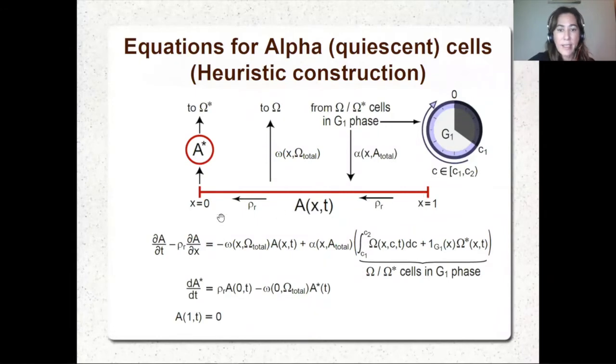If we consider this differentiation scale, we can think about this rho r, this previous incremental reduction in x, as more of a flow. Hence, in our A population, we have this advection term to the left. We can then think about these probabilistic transitions, cells moving out and coming in.